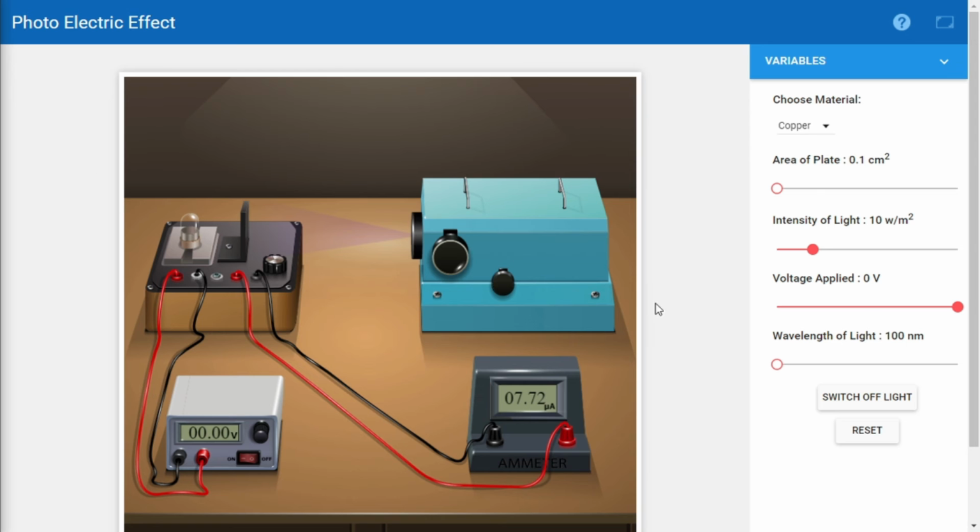Now, when we increase the reverse voltage, or make the voltage negative, the current value will decrease, and at some value of voltage it will become zero, and that value will be termed the stopping potential. As we can see, it is approximately becoming zero at 7.8.